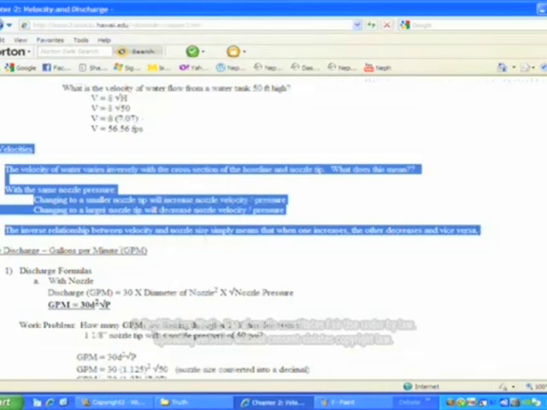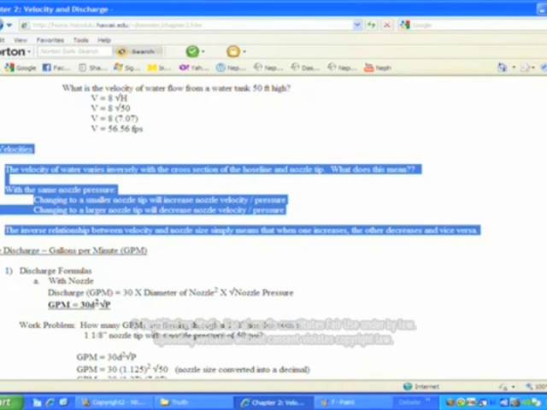Slug number 2 comes from the University of Honolulu, which states, "Velocities. The velocity of water varies inversely with the cross-section of the hose line and nozzle tip." What does this mean? With the same nozzle pressure, changing to a smaller nozzle tip will increase nozzle velocity and pressure.